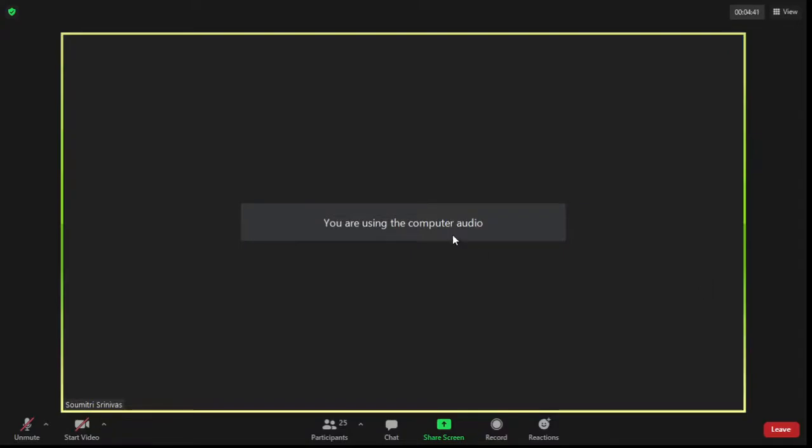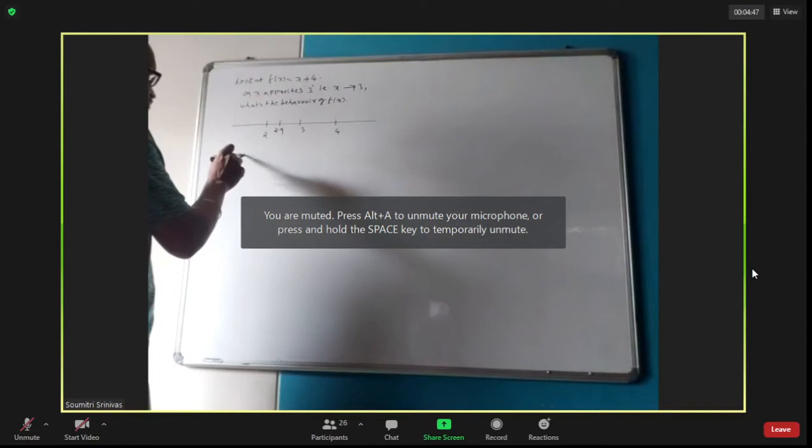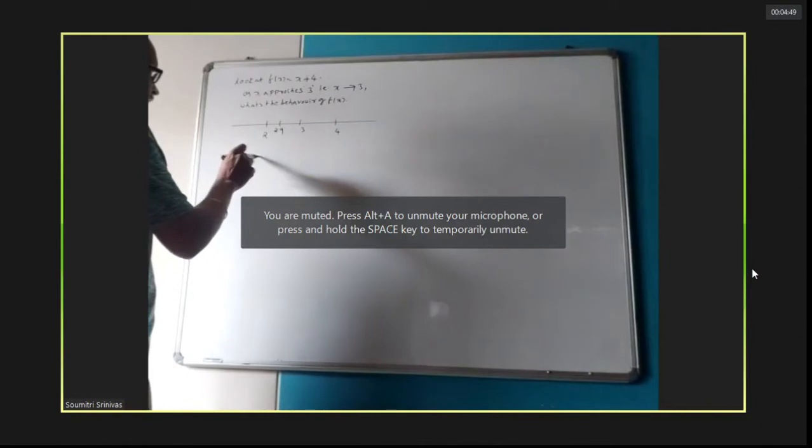X is 2.9. What is f of x, man? 2.9 plus 4. How much, man? X is 2.99. f of x is 6.99.